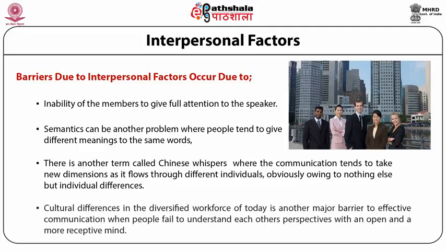Now, the cultural differences in the diversified workforce of today is another major barrier to effective communication when people fail to understand each other's perspectives with an open and more receptive mind.